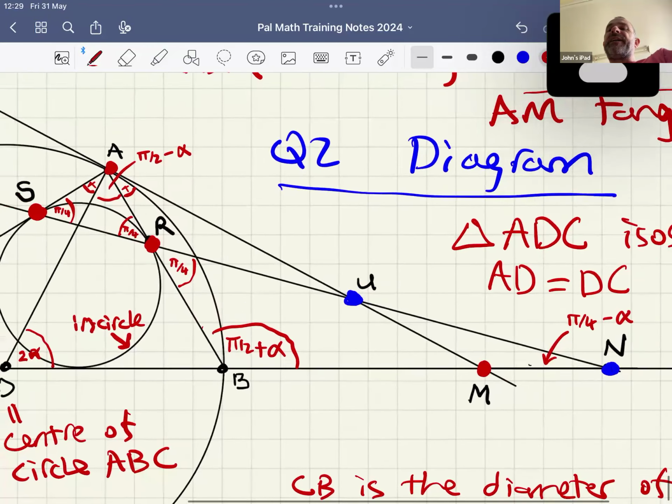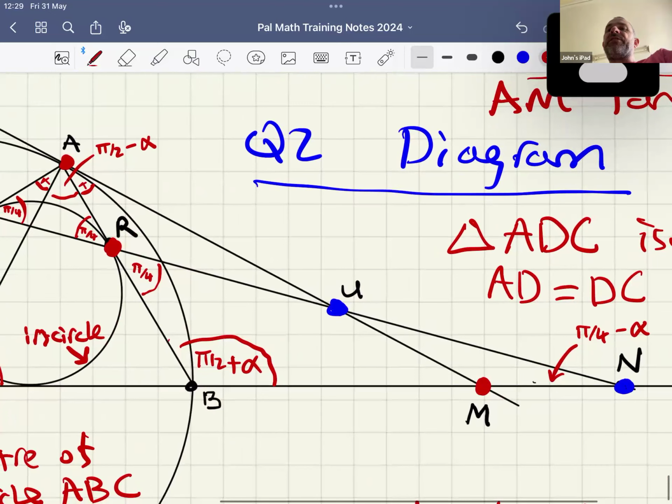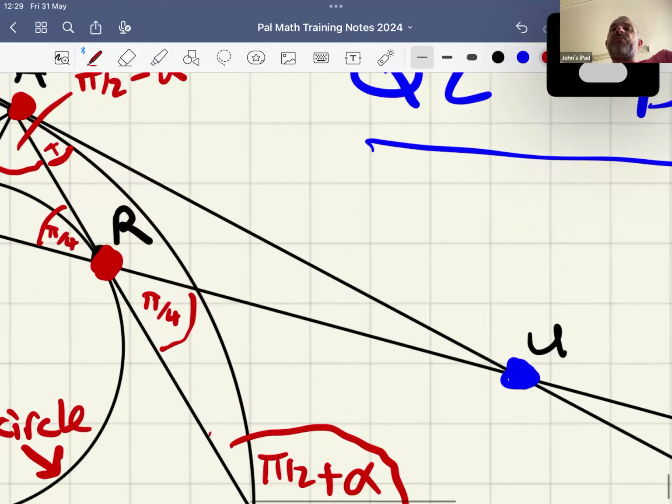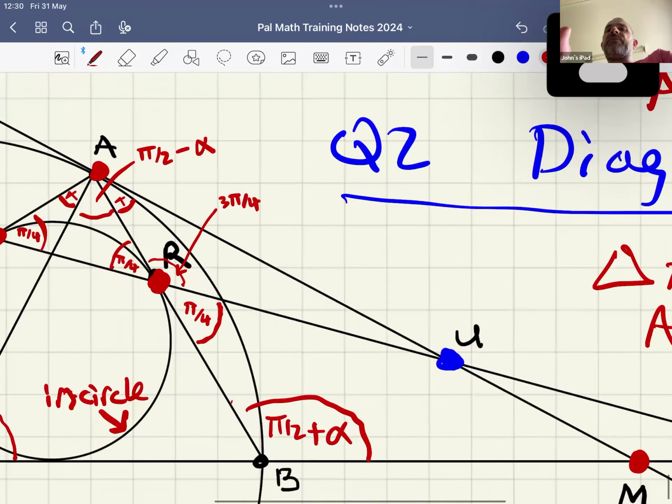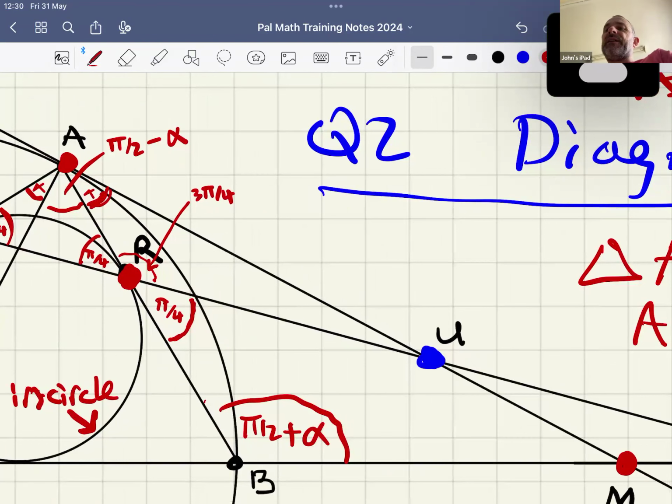Okay, but now we do an angle chase inside ARU. So this is pi over 4. This angle at R, I think it's called the supplementary angle, I'm not sure what it's called, is going to be 3 pi over 4. And we've got our alpha here. So this angle is going to be pi minus 3 pi over 4 minus alpha, which is pi over 4 minus alpha.